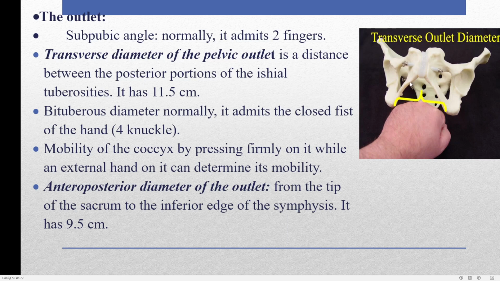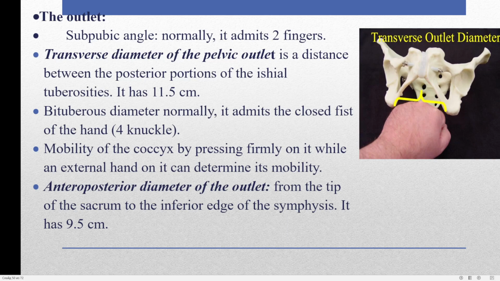The transverse diameter of the pelvic outlet is the distance between the posterior portions of the ischial tuberosities. It is 11.5 centimeters. By the intertuberous diameter, normally it admits the closed fist of the hand.